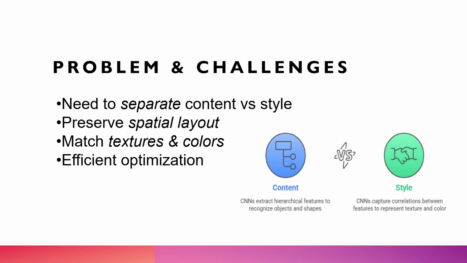The difficulty is separating these two things and then recombining them into a new image. Another challenge was to preserve the important structure from the content image while still applying the style. And finally, they needed an optimization method that could generate high quality results efficiently.